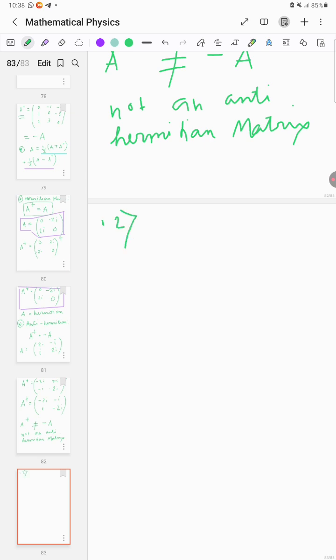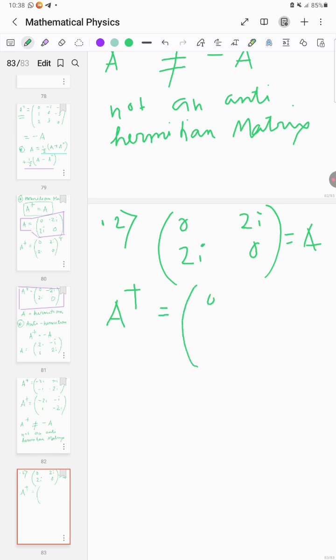Example number 2. Consider [0, 2i; 2i, 0]. This is nothing but A. Find out A dagger.